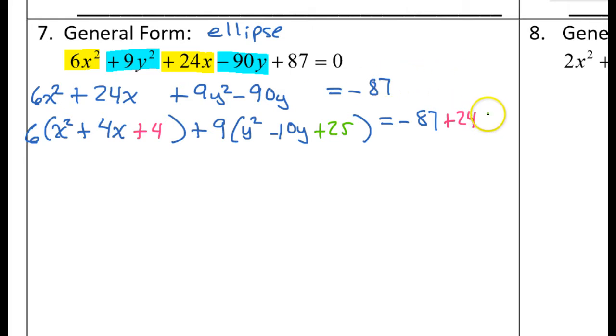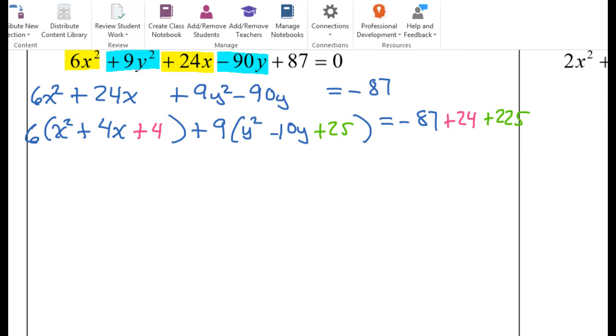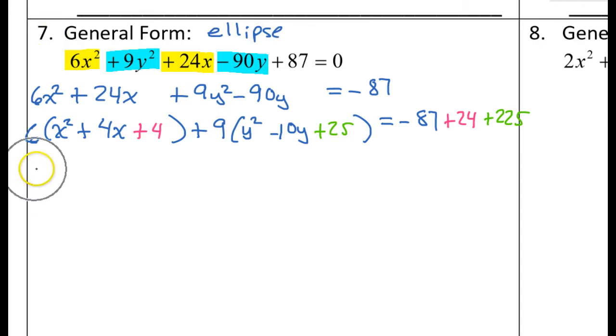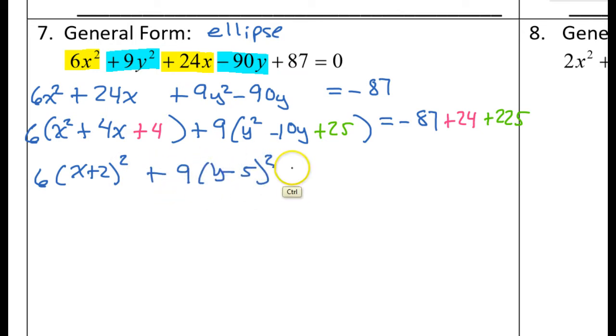So I'm going to have plus 225 over there. So time to factor. What I have now is 6 times x plus 2 times x plus 2, or x plus 2 squared. And I will have 9 times y minus 5 times y minus 5, or y minus 5 squared. And then I just need to add these 3 numbers together.